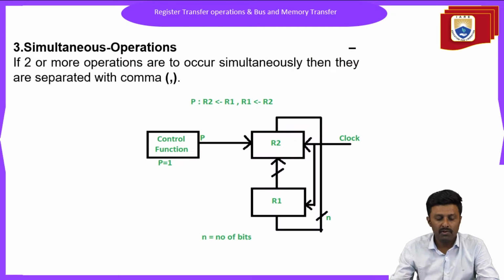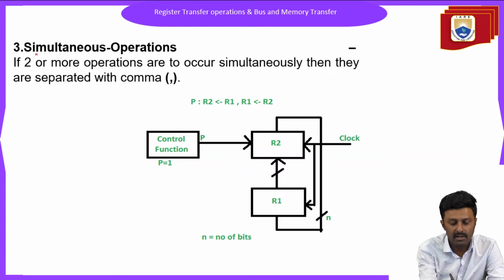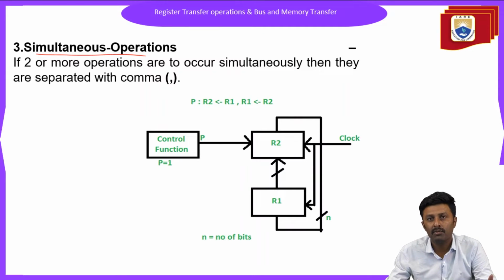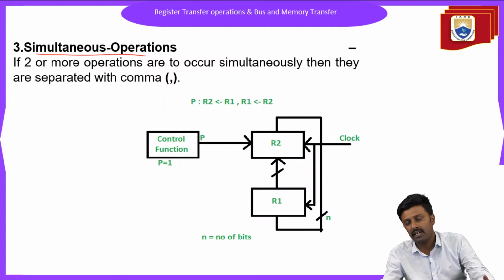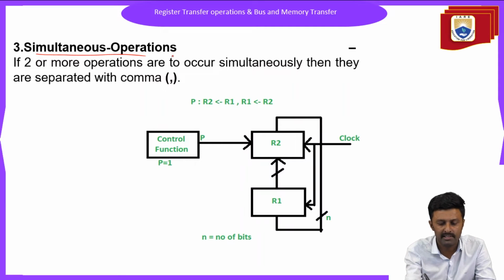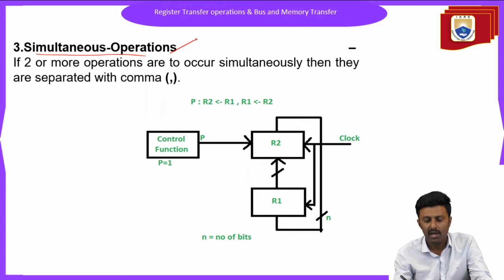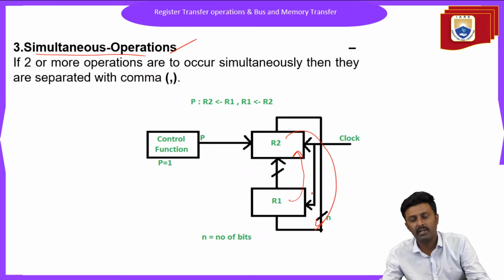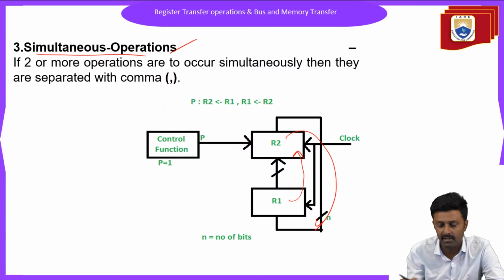The third type of operation is the simultaneous operation. As the name itself indicates, if we have two or more operations to occur at the same time, then we use these simultaneous transfer operations. In this, we can simultaneously transfer the content of the register R1 to R2 and vice versa, that is, from R2 to R1. Here also we will be writing the equation like this.